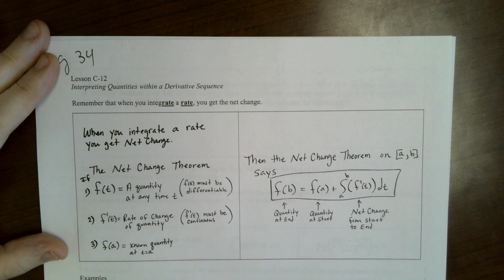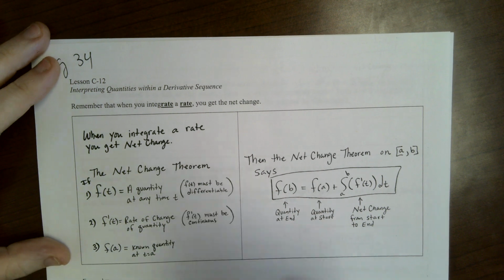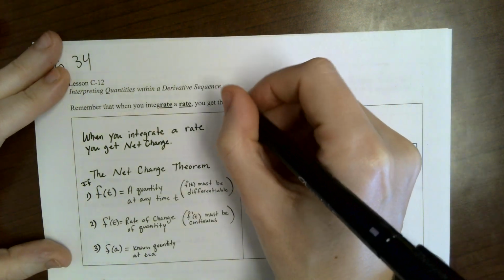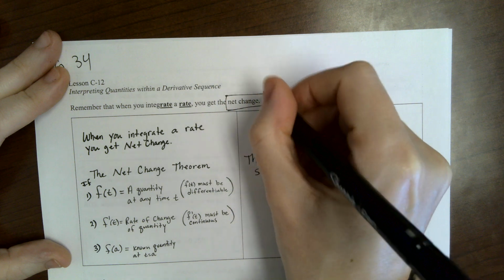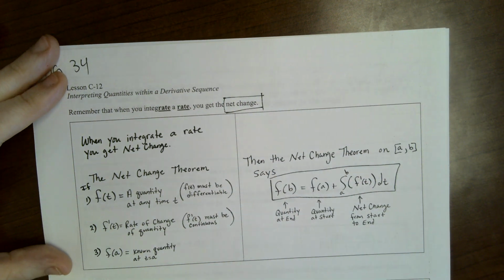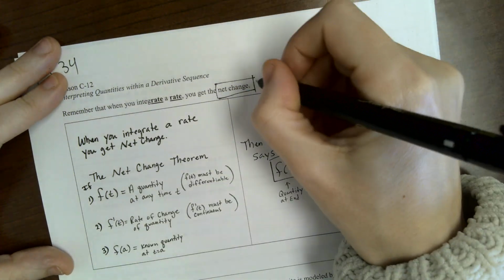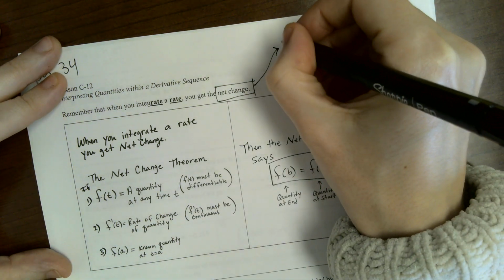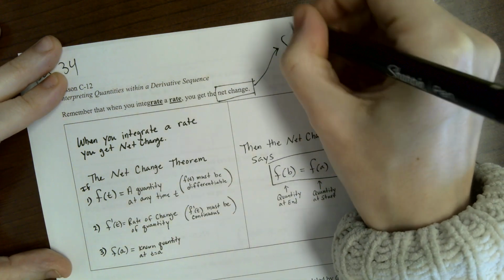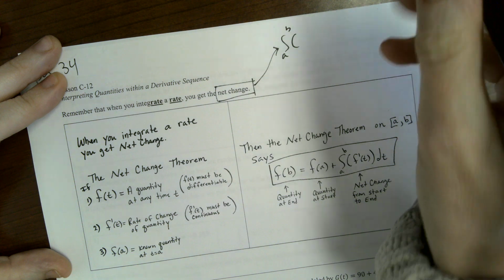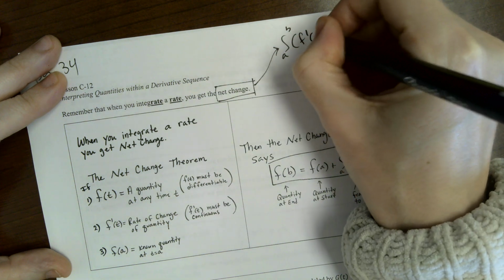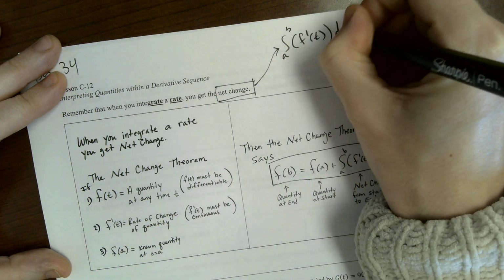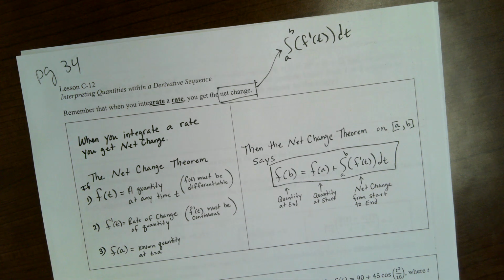There are lots of ways to think of net change. If we do the integral from a to b of a rate, that is one way that you would get the net change.